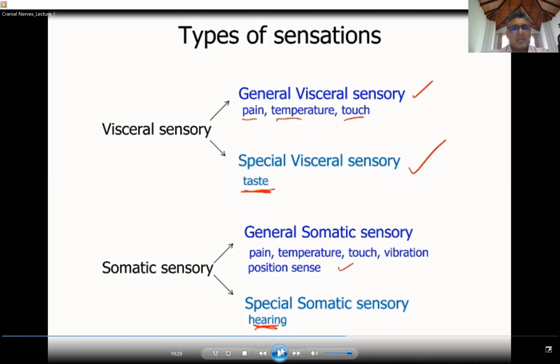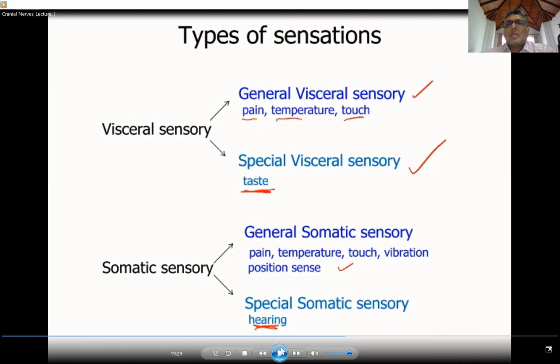Now the point here is, if you take an organ like the tongue, you can feel taste through taste buds in the tongue. So that's a special visceral sensation. You can just call it taste. No need to call it special visceral all the time. Then at the same time, if you touch your tongue, you feel it. If you use some hot object on the tongue, if you drink very hot water, you will have pain of the tongue, and you feel the temperature also.